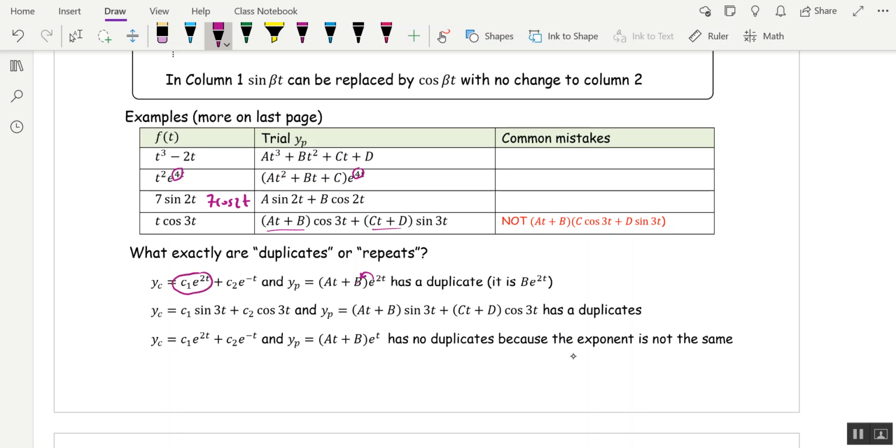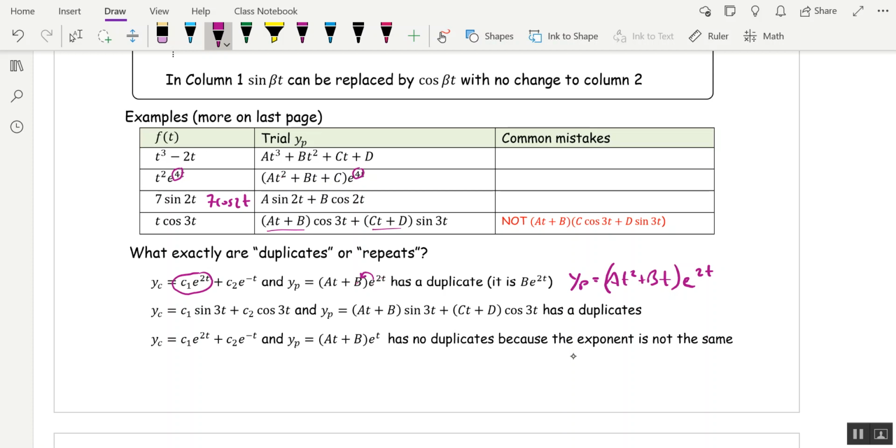And so that would be bad. You'd have to multiply all of this by t to avoid the repeat. Your new YP would be at squared plus bt, e to the 2t. That has no repeats.